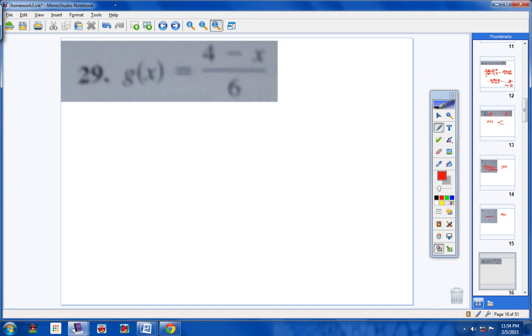The directions say to use the graphing utility to graph the function and then use the horizontal line test. Okay, so let me grab my grapher. I'm going to give you guys a little advice on how to type this in. Go to your y equals button and clear out your equations there. I would type parentheses 4 minus x, close your parentheses. The reason you should do that is you want the calculator to know that the entire numerator is 4 minus x.